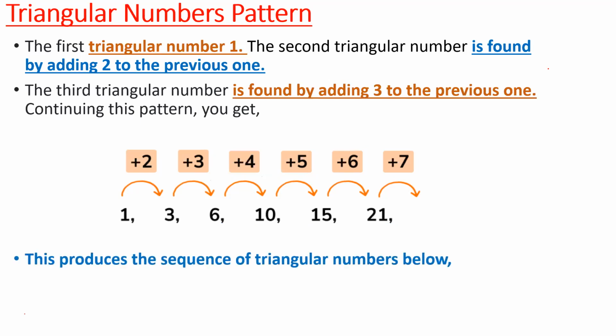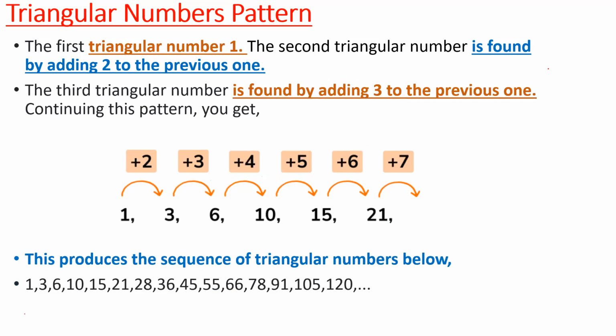So this produces a sequence of triangular numbers, and I give you a few of them: 1, 3, 6, 10, 15, 21, 28, 36, 45, 55, 66, 78, 91, 105, and 120.